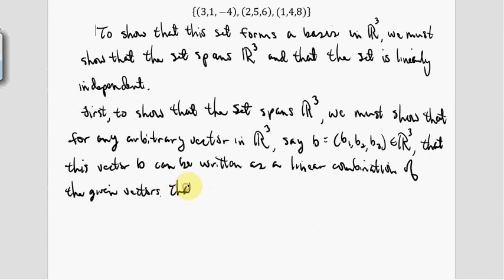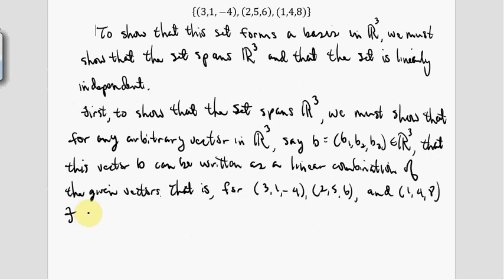So that is, for these vectors here, so for 3, 1, -4, 2, 5, 6, and 1, 4, 8, there exist scalars K1, K2, and K3.